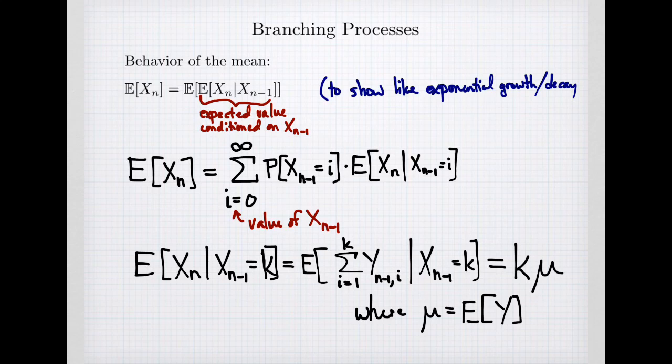So now if I replace the conditional expected value by our calculation k times mu, and again let's clarify that the book probably wants us to think of this as k, so we're consistent. We have the sum, k goes from 0 to infinity, of mu times k times the probability that x sub n minus 1 equals k.